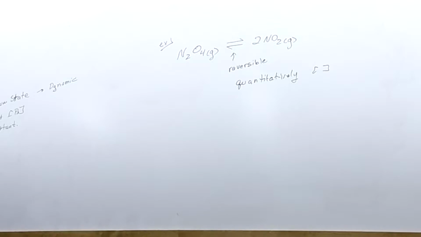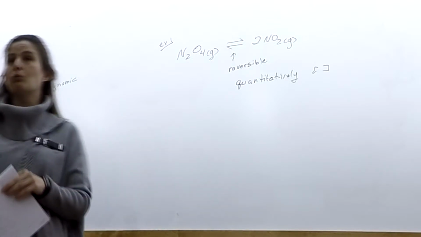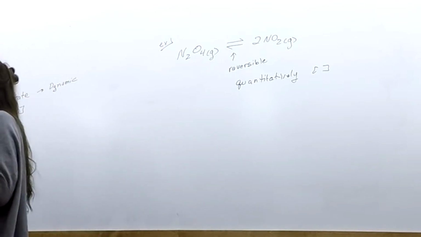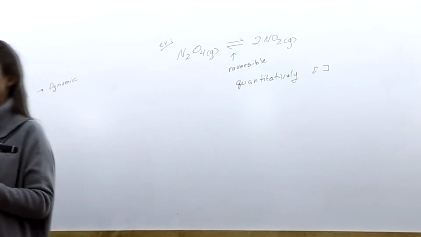And what we want to do to figure out equilibrium is take a ratio of our products to our reactant concentrations.